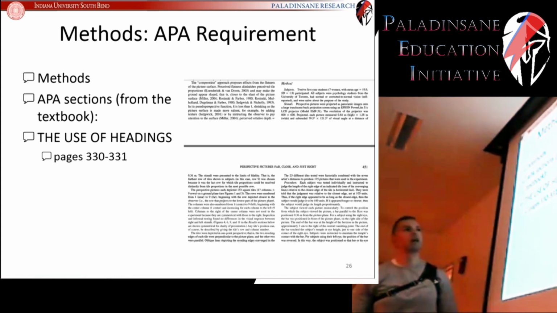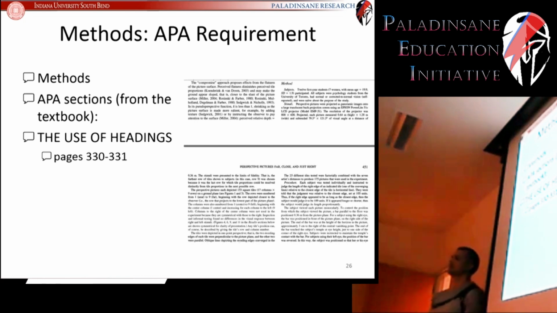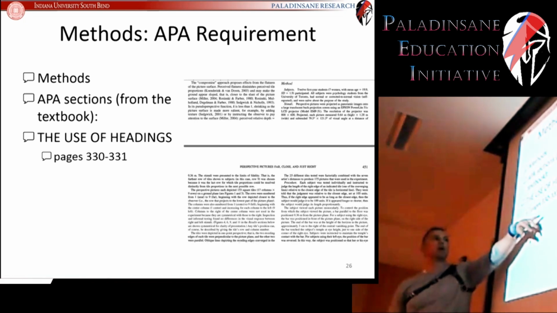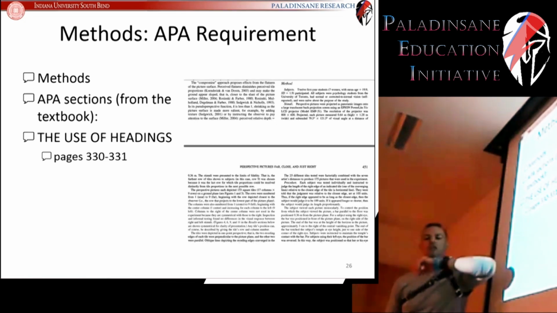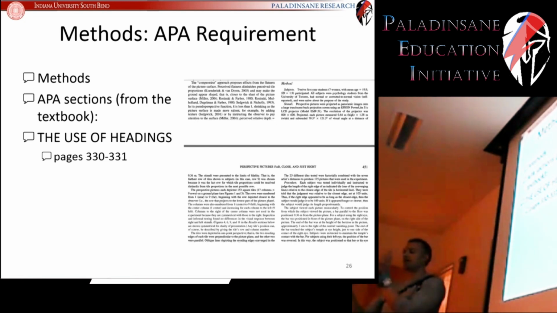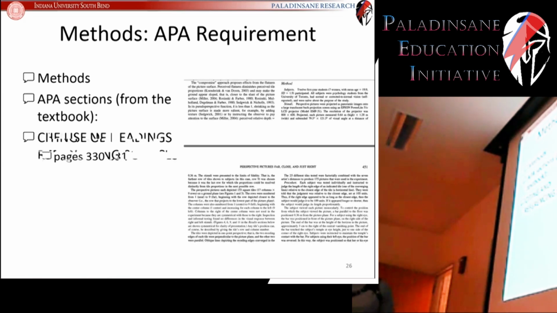And importantly, do not look at your published papers for this, because their APA formatting for publication is not the same as the APA formatting that we're using for manuscript submissions. So just be aware of that. You can see a very nice graphic in those pages that will illustrate what bold paragraph form, flush left looks like. So make sure that you format your headings according to APA style.